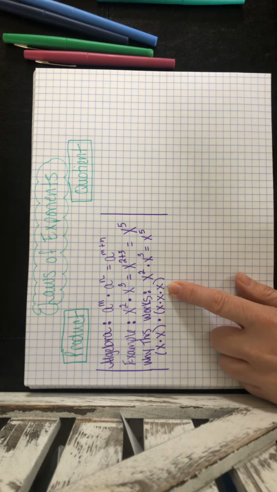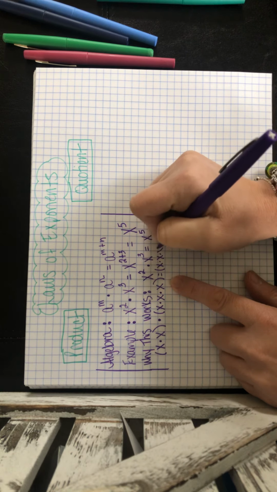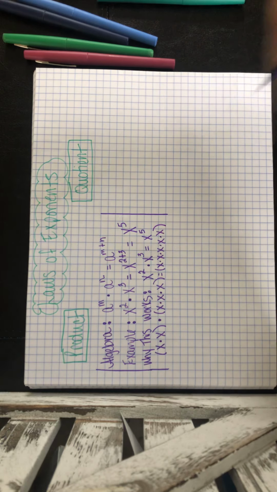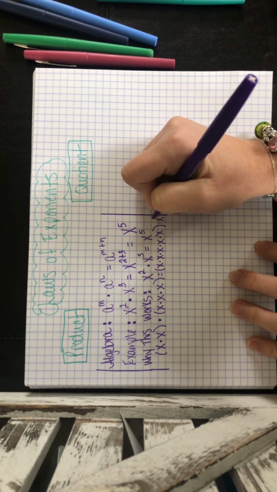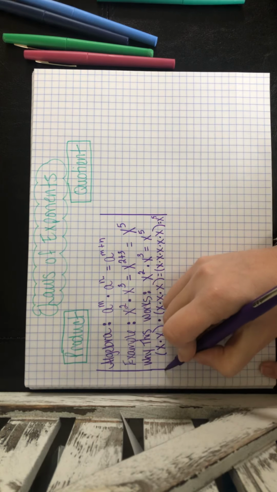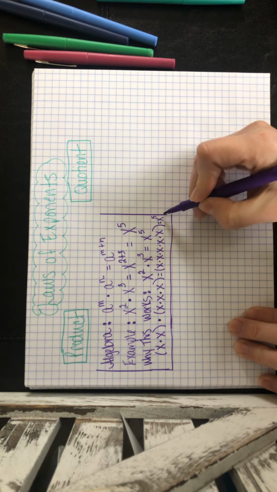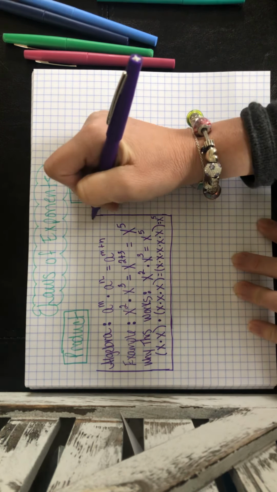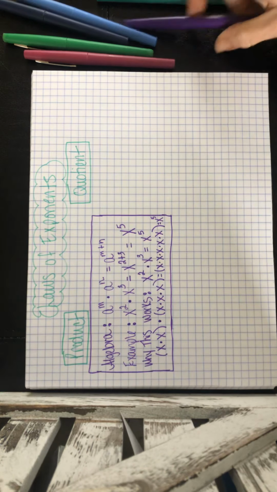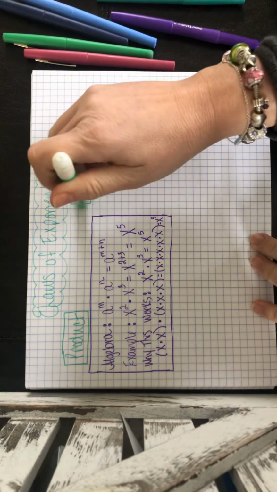So now, if we look at this, this is the same thing as 1, 2, 3, 4, 5 x's being multiplied, which is where we get x to the fifth. So that is why it works. And it works with numbers and with variables. So it works with both cases. So let me box this out. And then I'll give you a second to copy down anything you want to copy or anything you need to catch up on.